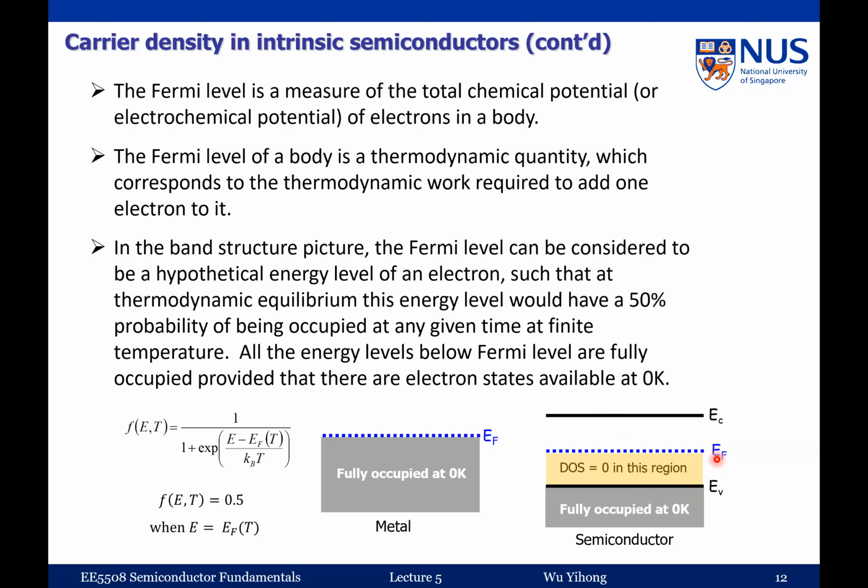And if EF is more towards EV, then you have more holes here, so we call it P type. That's what is interesting about the semiconductor. This means that you can not only change the carrier concentration, but also change the type of carriers, dominantly N type or dominantly P type. This will allow you to design and then fabricate transistors, right?